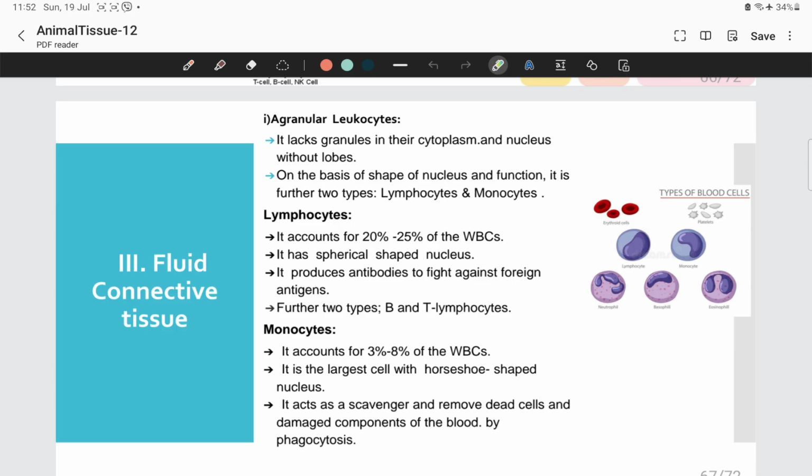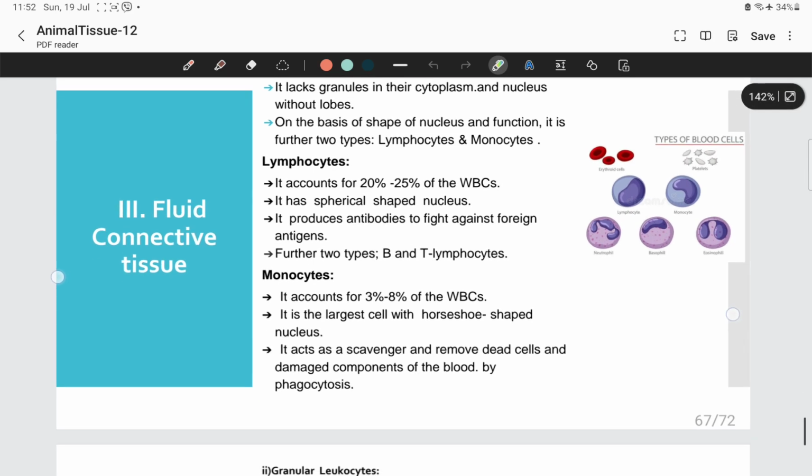And the main function of lymphocytes is to produce antibodies, and antibodies help to fight against foreign antigens like toxins or bacteria or viruses. And there are two types, B and T lymphocytes. B lymphocytes are produced in bone, and T lymphocytes are produced in the thymus gland.